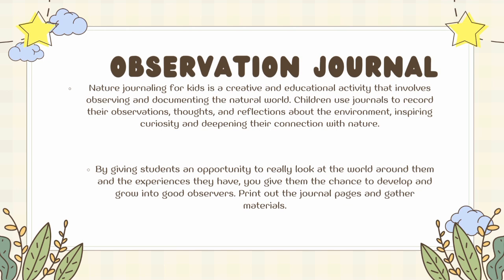By giving students an opportunity to really look at the world around them and the experiences they have, you give them the chance to develop and grow into good observers. Print out the journal pages and gathered materials.